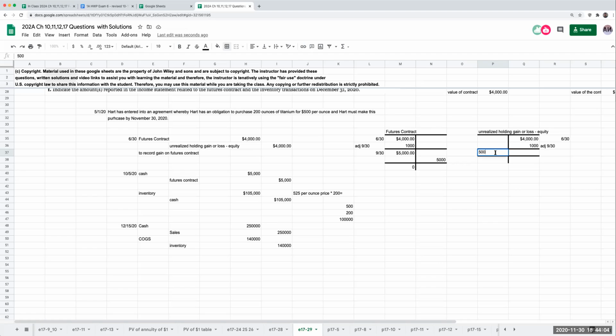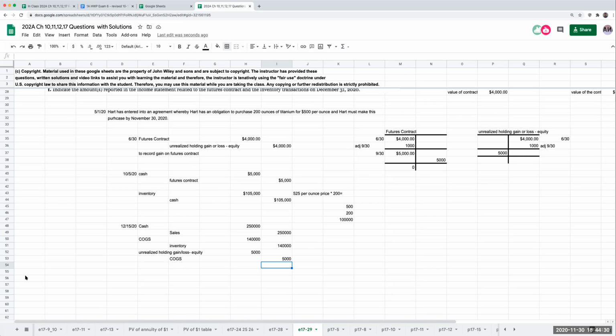So I'm going to debit the unrealized holding gain or loss on equity for $5,000, and I'm going to credit cost of goods sold. And that's going to be on December 15th.